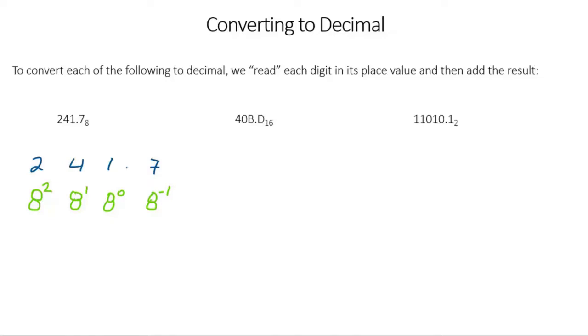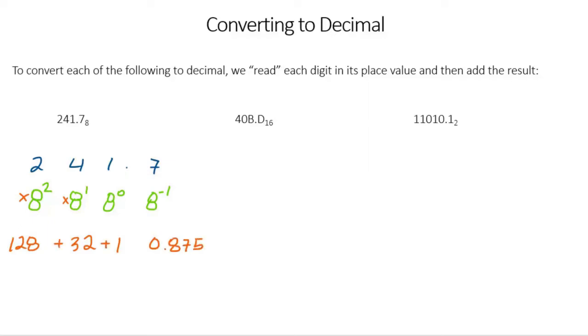Well, 2 times 8 to the power of 2 is 128. 4 times 8 to the power of 1 is 32. 1 times 8 to the power of 0 is 1. And 7 times 8 to the power of -1 is 0.875.